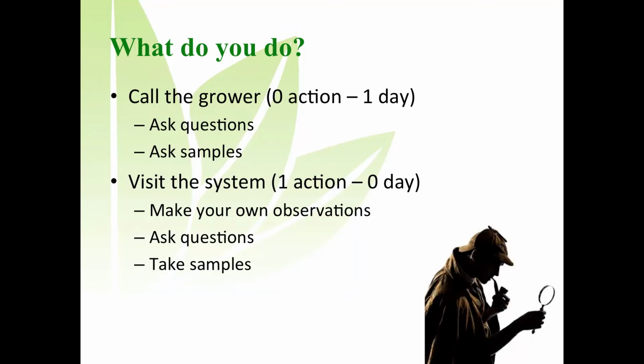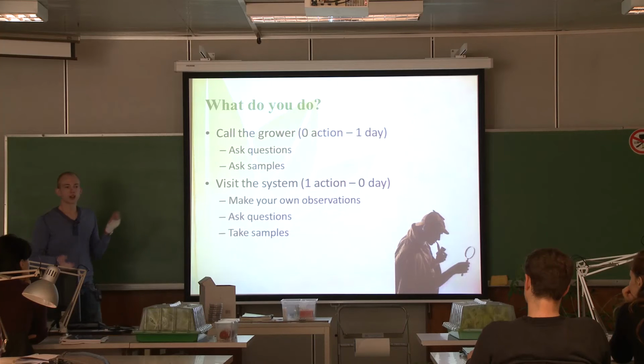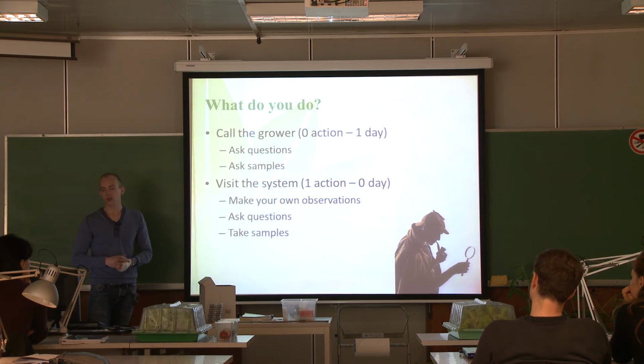First you need to make a choice between simply calling the grower or visiting the system. If you call the grower, you can ask him some questions by phone and ask for samples. The grower can send you some samples in your laboratory, but it takes some time. You need to wait 1 day before you receive the sample.